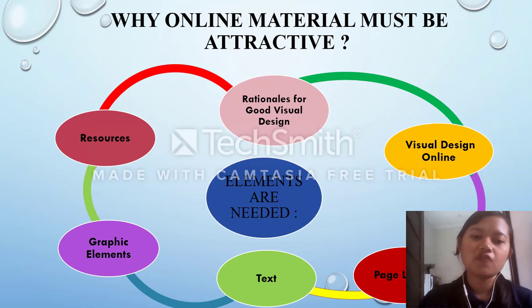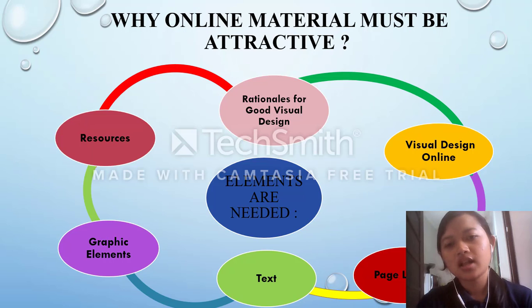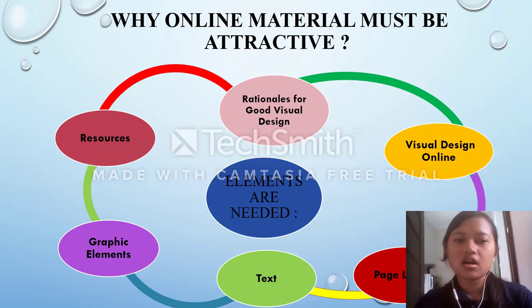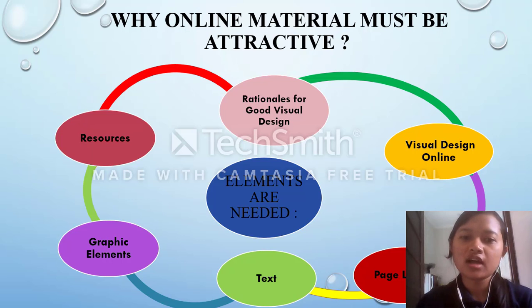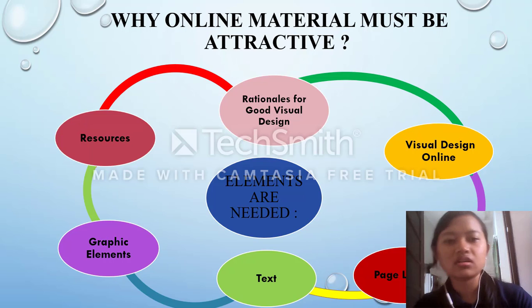And the next is visual design online. Teachers in several fields depend on the use of visuals in the classroom, such as art and science. When working online, keep in mind that the content presented in text must be visual.